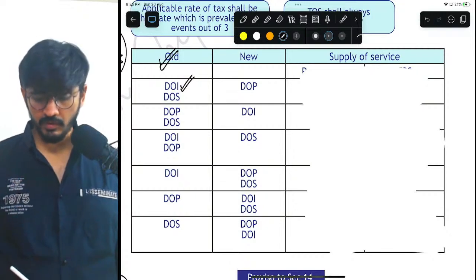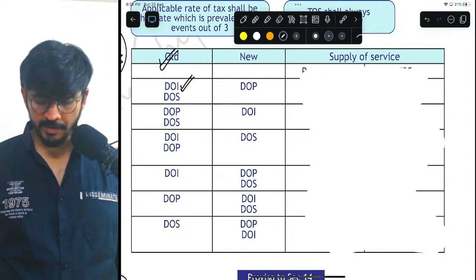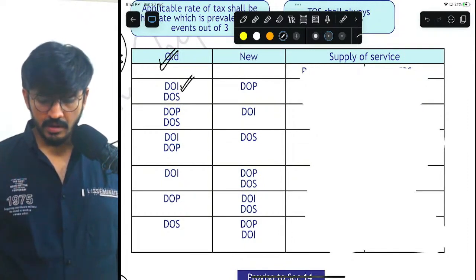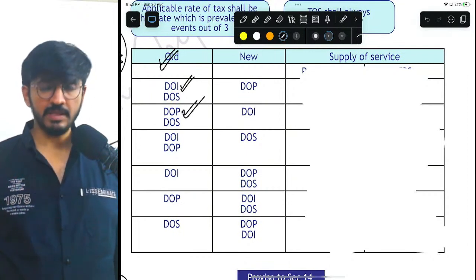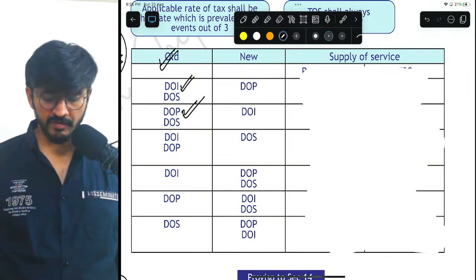Again the next case: DOP, DOS old, and new DOI. In that case, understand, old rate will apply, and DOP will be the answer. In the third case, again old rate has the maximum number of events.